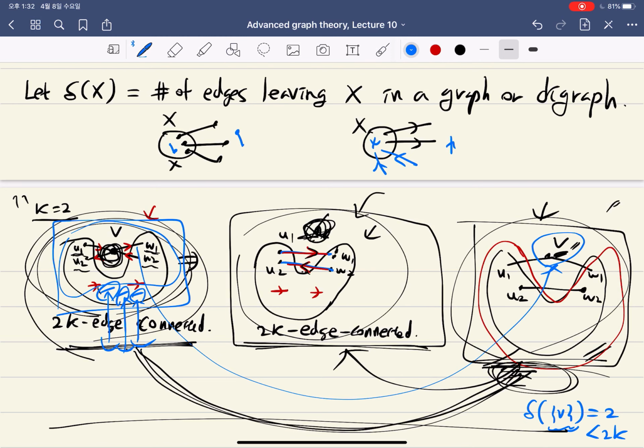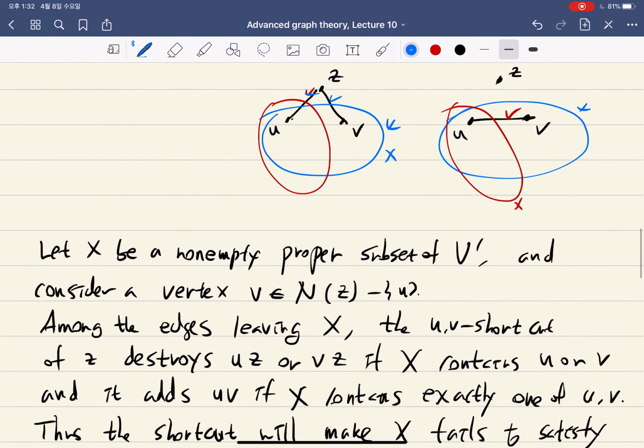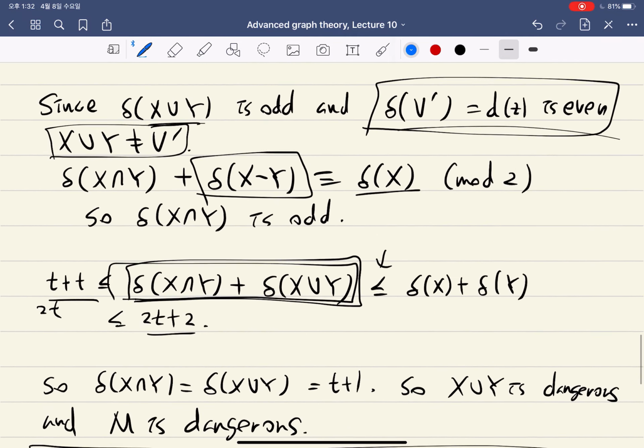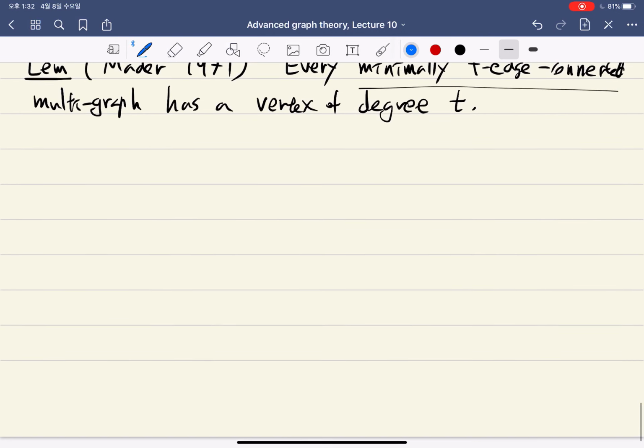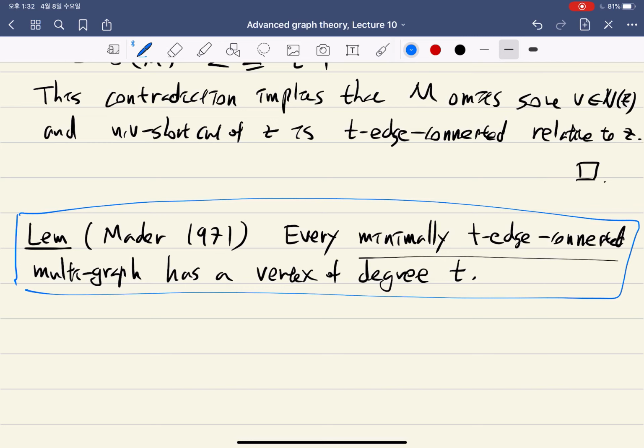Once you already have a K edge connected orientation, adding some edges and arbitrarily orienting the added edges doesn't hurt the edge connectivity. So we can actually assume the original graph to be minimally 2K edge connected. And here, T will be the 2K later, so this will be the vertex with even degree that we will use later. So let's prove this lemma in the next video.